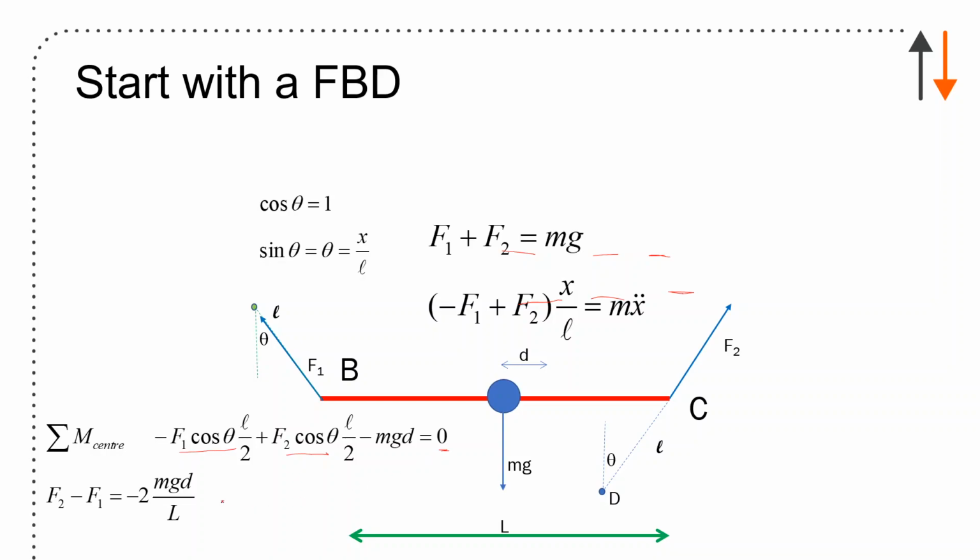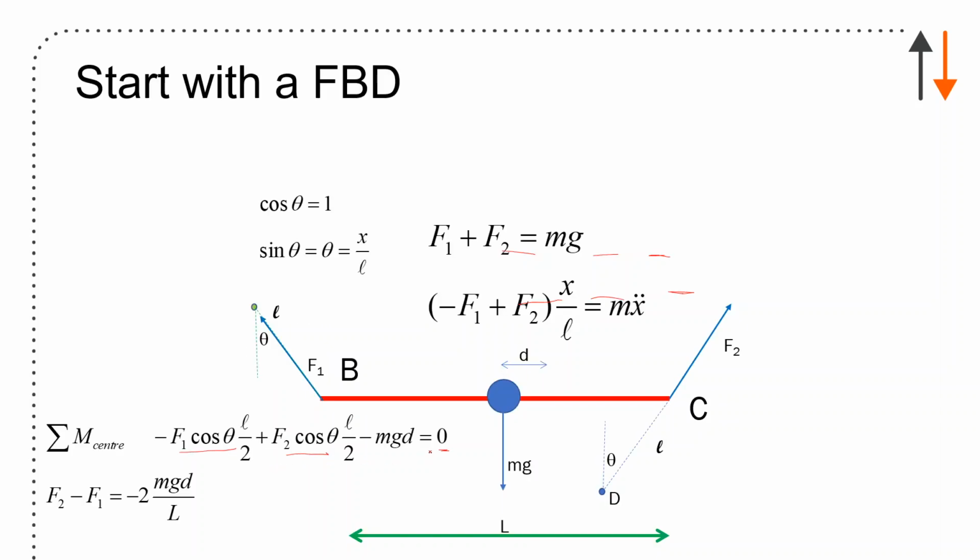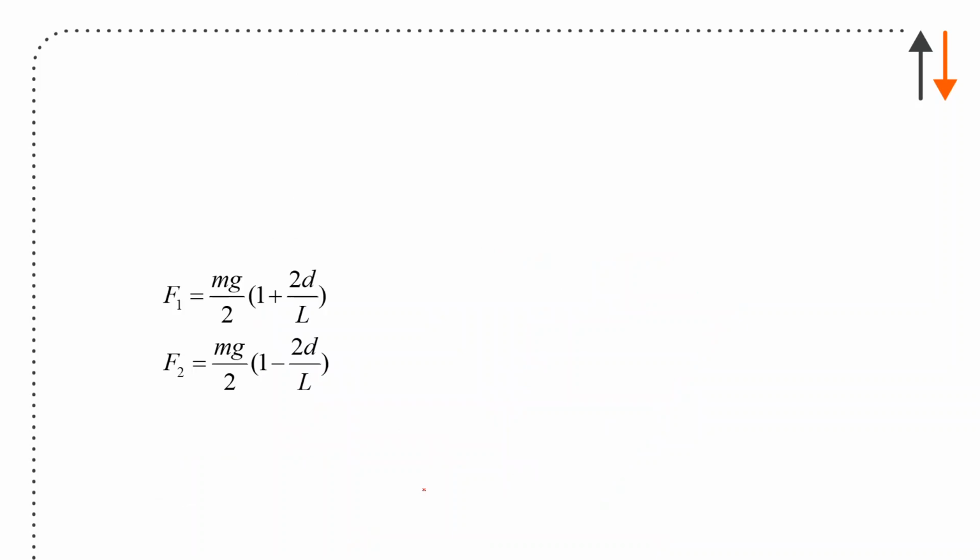So the entire system then goes F2 minus F1, and it's minus 2 mg d over L. Okay, so that all works out really well. Mass of the rod. Okay, so everything's there. And just a reminder, this is still a particle, and if it's a particle, its size is 0. So it doesn't have any real moment.